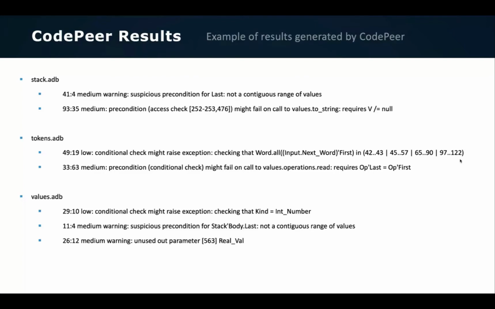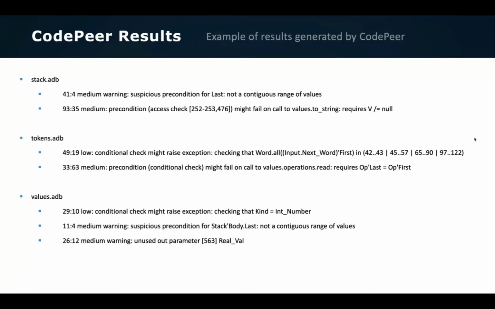What CodePeer does when it actually goes to compute its analysis, it does a primary compilation of your source code. It generates an abstract syntax tree and then walks the abstract syntax tree looking for places in the code where an exception may occur. At each node in the tree, it's going to compute a global state.